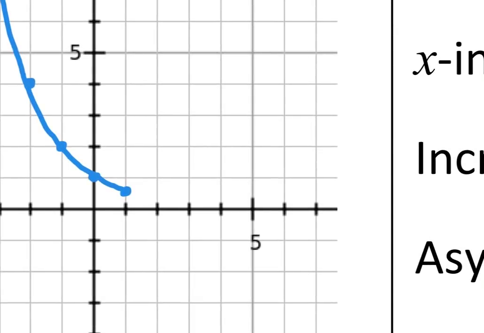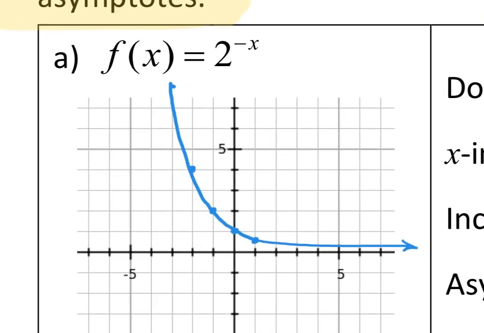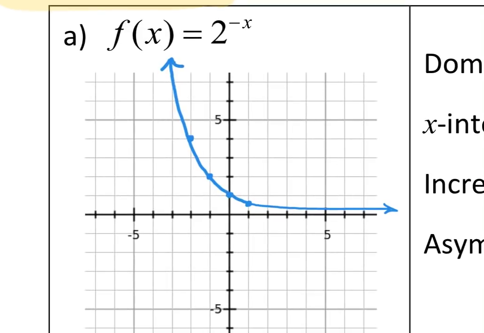We're going to draw in that asymptote in just a minute. So there's your graph of 2 to the negative x. And remember that I really want you to show me that you've got some points graphed here, and then put the asymptote in. And in this case, the asymptote is going to be at y equals 0.